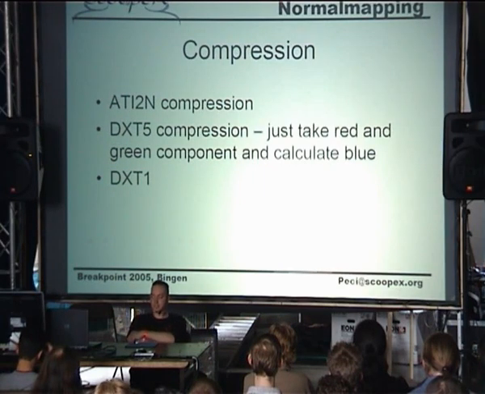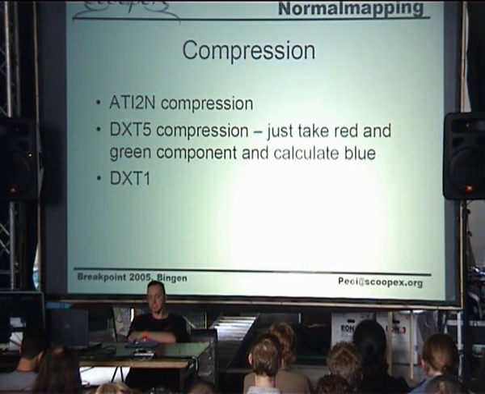But you will see really strange artifacts when using this texture as a normal map. So ATI invented their own compression, and what they do basically is they just store 2 components, and the third component can be recalculated in the shader, because you know the normals should be normalized to 1.